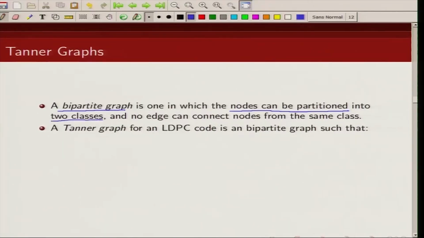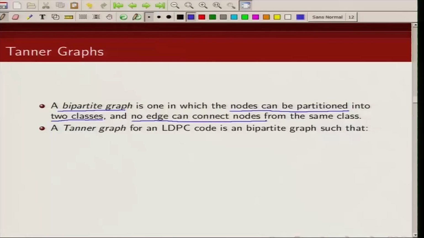The property is that no edge can connect nodes from the same class. So, if you want to reach another node within a class, you at least have to travel twice. So, a bipartite graph is one where I can separate out the nodes into 2 classes such that there is no edge connecting nodes in the same class.